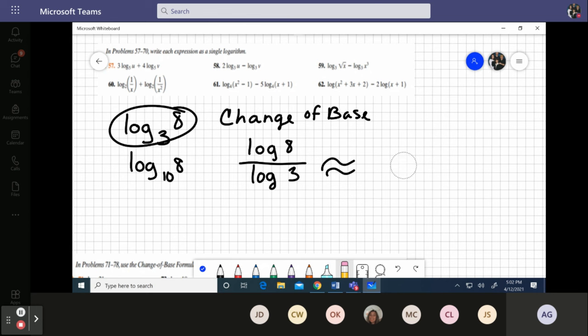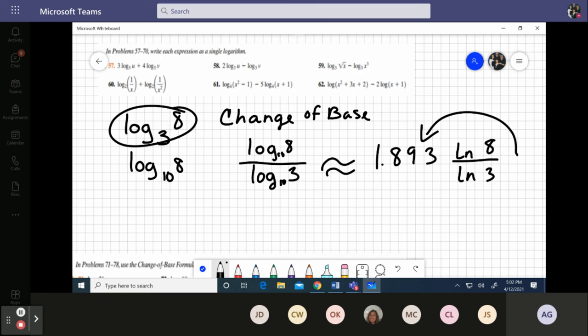No one? Yes? Did we all get there? All right, so we got an agreement. Your calculator is using this as a base 10. Now, if you want to use your natural log, just because it's a ratio, you'll still get that same answer, right?